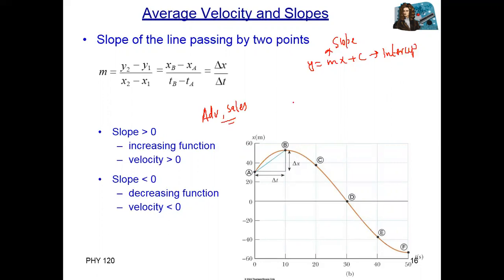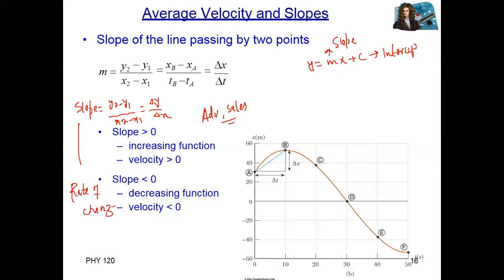What type of relation is there? We can discuss it with the help of slope. The formula for slope is y2 minus y1 divided by x2 minus x1, or del y over del x. The derivative is also this slope.